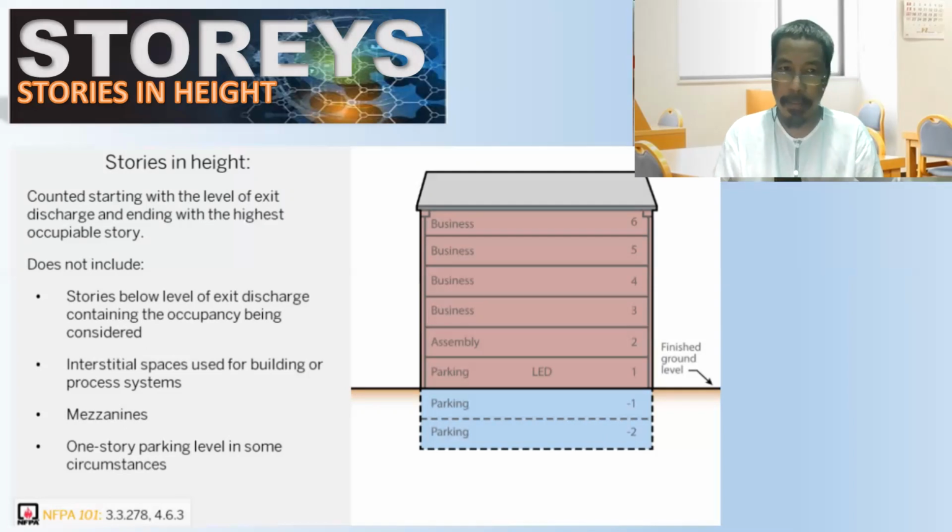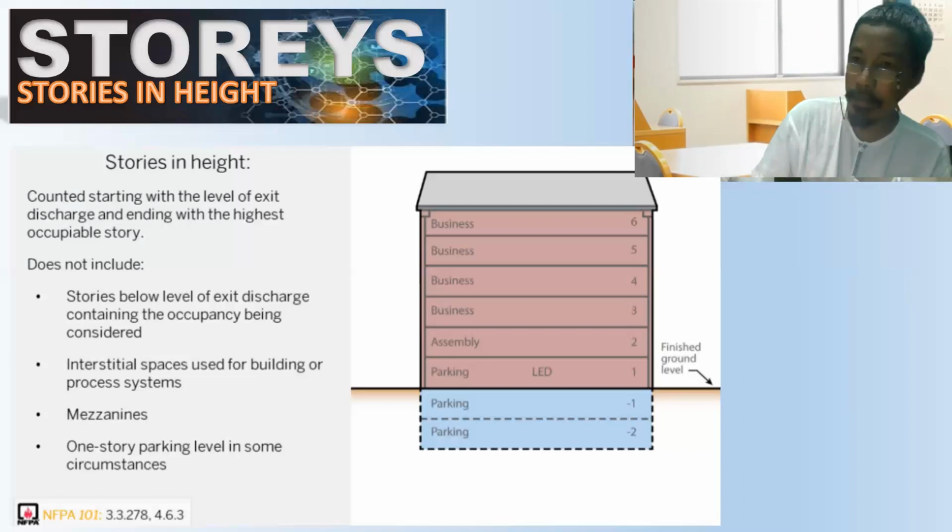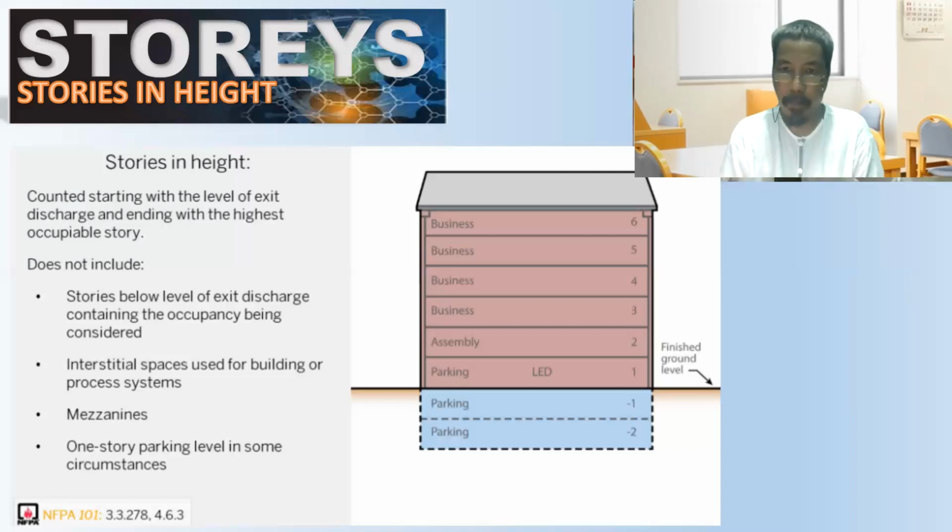But in a matter of stories, under NFPA 101, this is only a 6-floor building, because LED is the ground floor or the first floor, on the same level as the ground level, and obviously it must satisfy the conditions on the determination of LED, which was discussed in the last video.